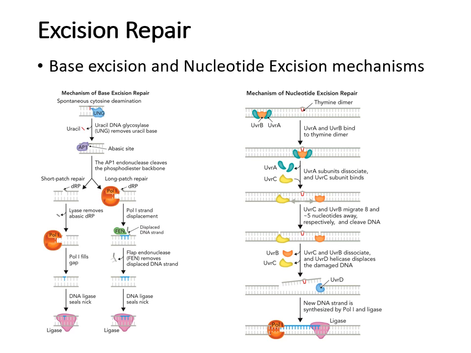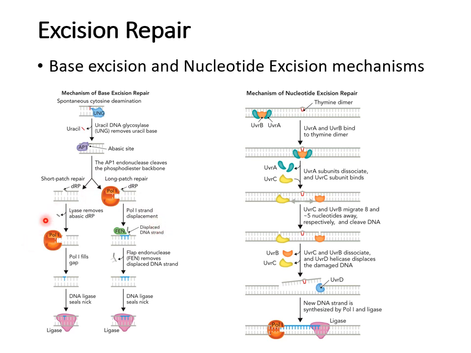Now, over here, you're going to see two different mechanisms. We have base excision repair and we have nucleotide excision repair. And base excision repair is basically mediated by what's called either short patch or long patch repair. So there are two different possible pathways here.